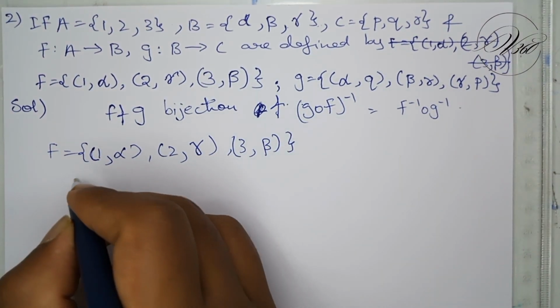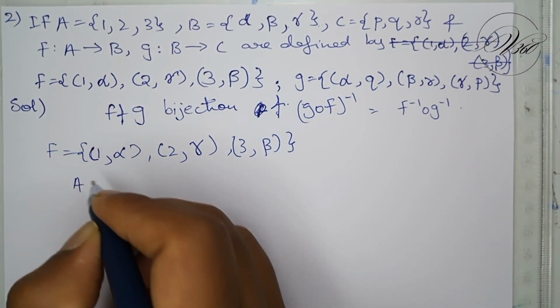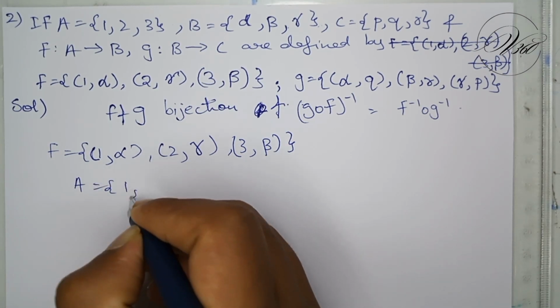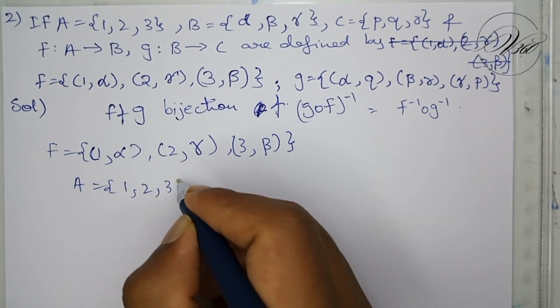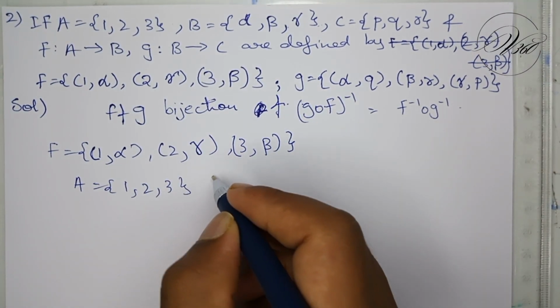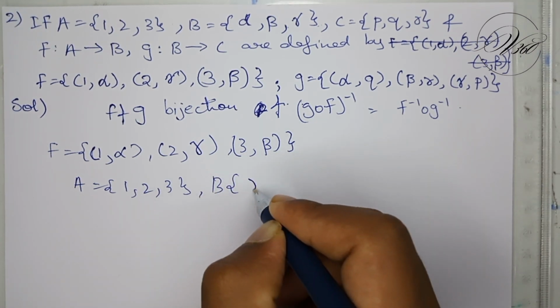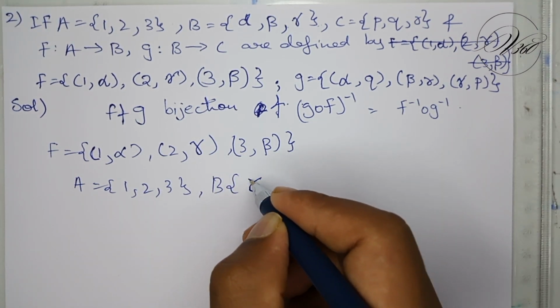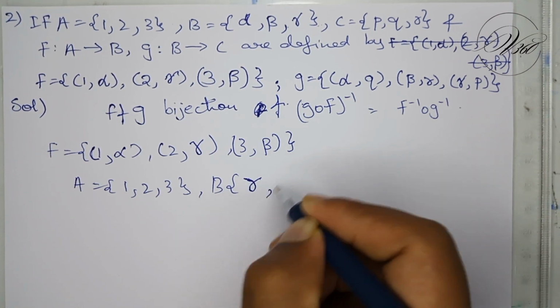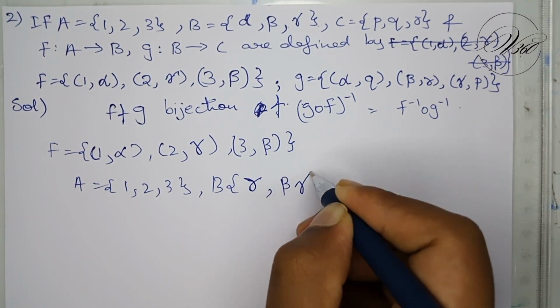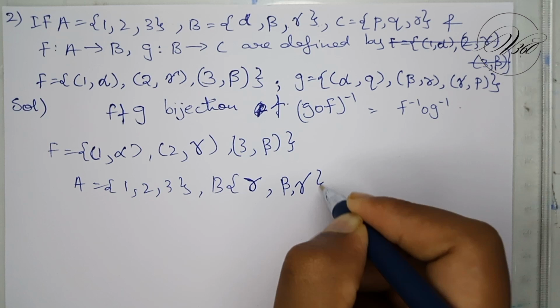And we have got A, that is 1 comma 2 comma 3, and B, that is alpha comma beta comma gamma.